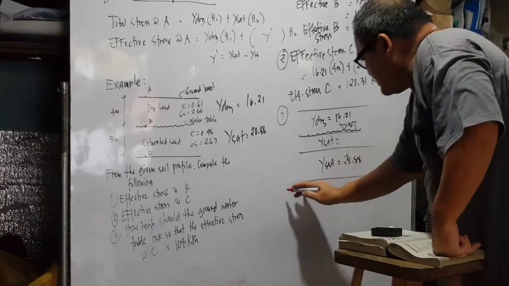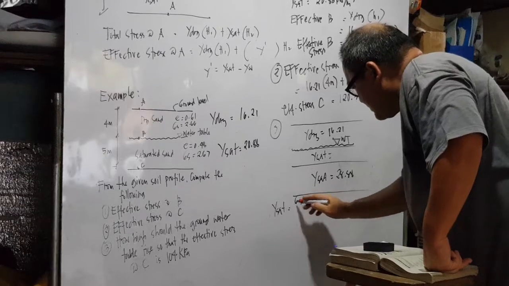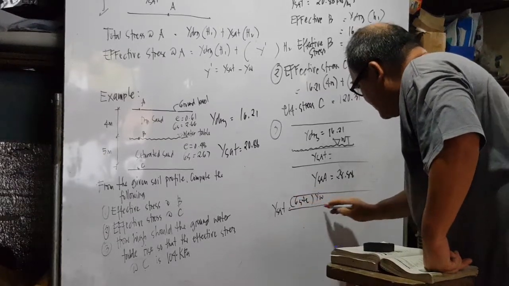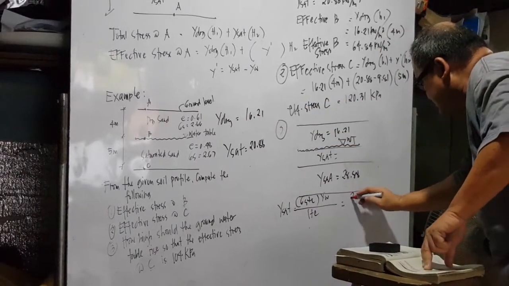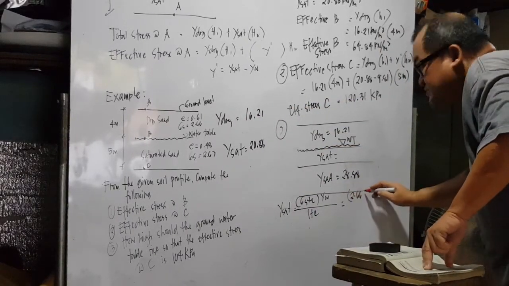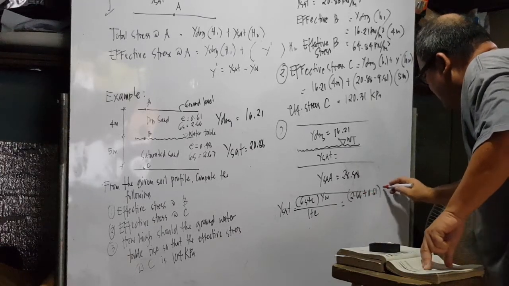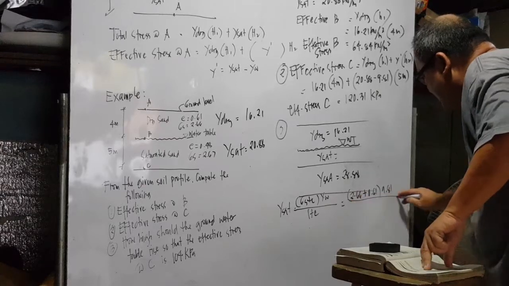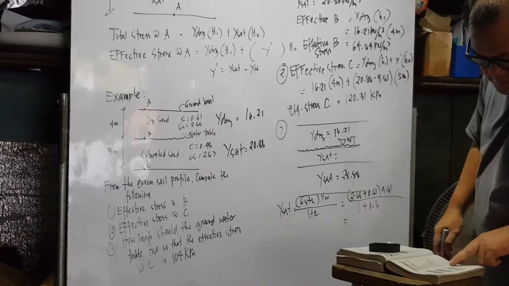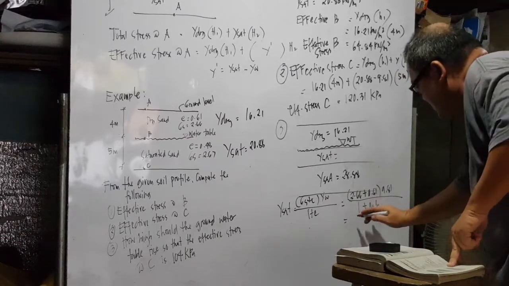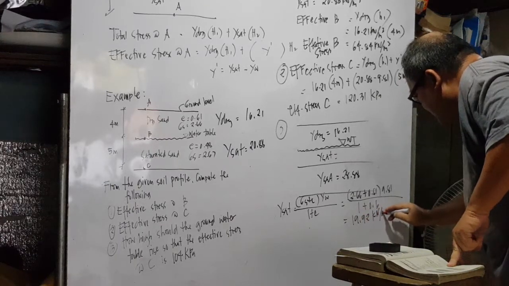Ang value ka Y sat dyan is Y sat equal to GS plus E times YW over 1 plus E. So ang GS ko kay na dyan sa babaw is 2.66, plus E 0.61, times YW 9.81, divided by 1 plus 0.61. My answer is 19.92 kilonewton per cubic meter.